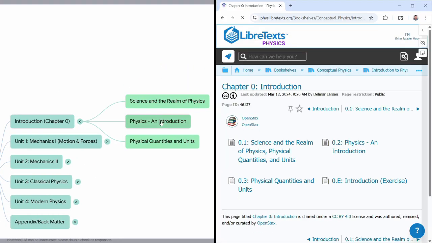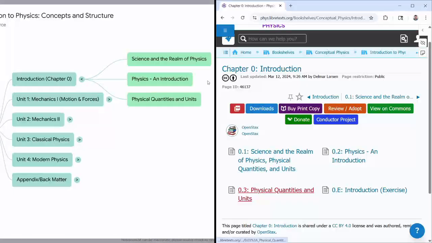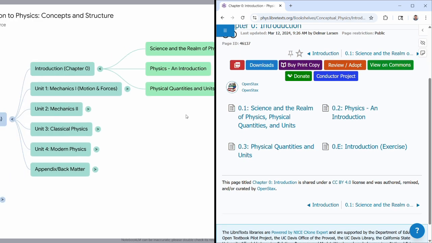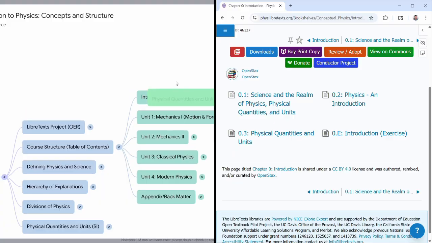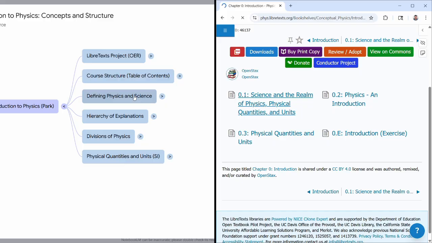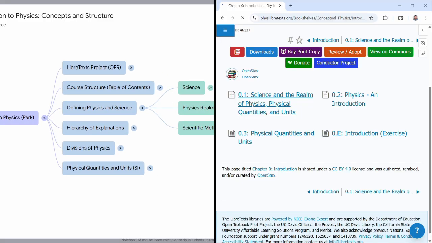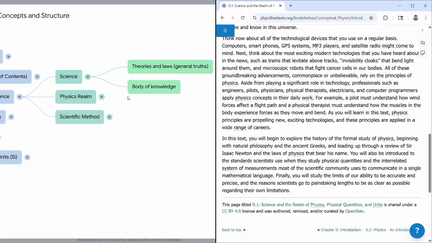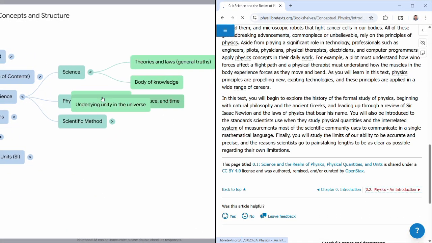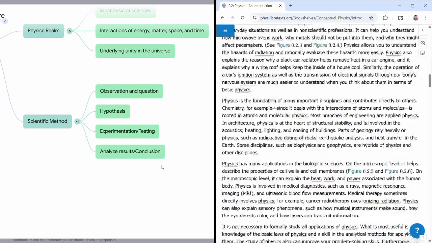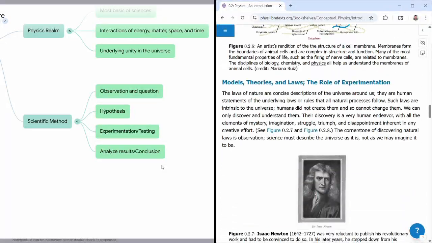It's got 3 short sections talking about the realm of science and physics, a little bit of introduction about physics, and discussion of physical quantities and units. So, in the chapter, you will see discussed defining physics and science, just talking in broad strokes about science, our theories and laws of a mechanical universe, the physics realm of the mechanical universe, and the scientific method that you hopefully have seen in middle school or high school.